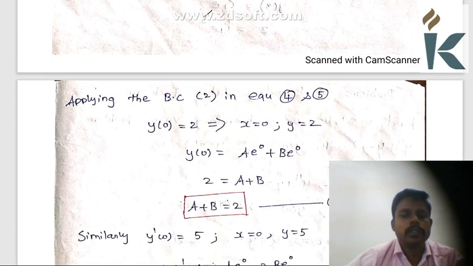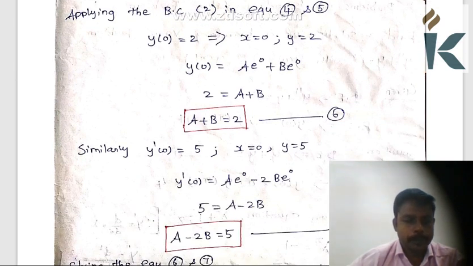Instead of x you have to substitute 0, so a into e power 0 plus b into e power 0. Substituting the value, y of 0 is equal to 2, and e power 0 is 1. So the equation is a plus b is equal to 2.